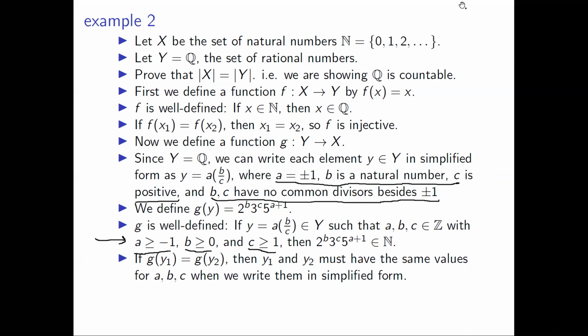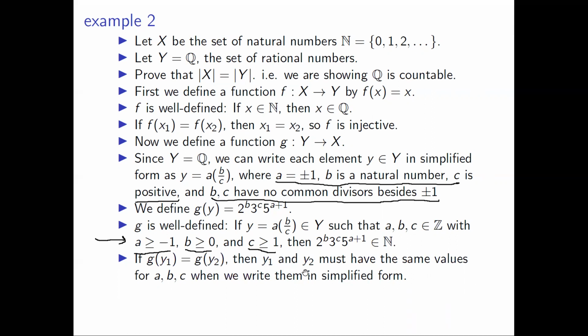Now we need to check injectivity. So if we have g of y1 equals g of y2, that means that y1 and y2 must have the same values for a, b, and c if we write them in simplified form. You can check this. There are a few details to check here, but I'll leave that to you to think about.